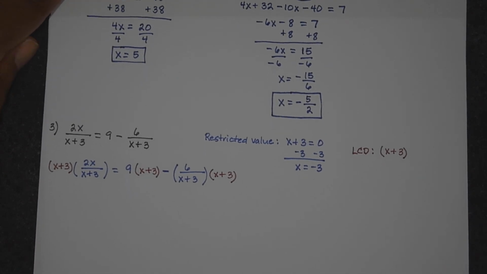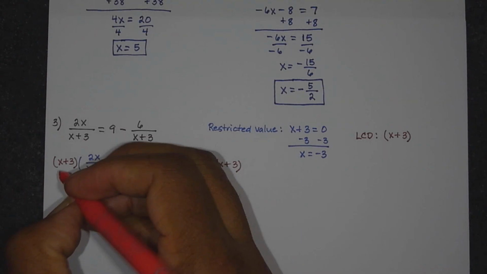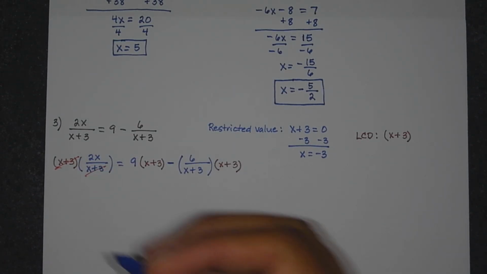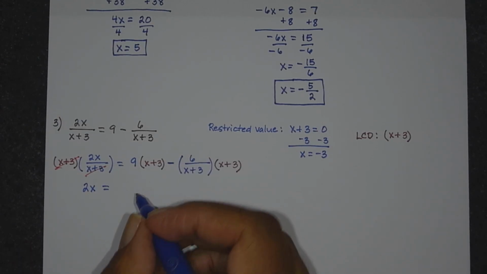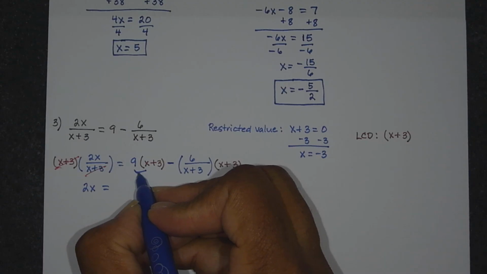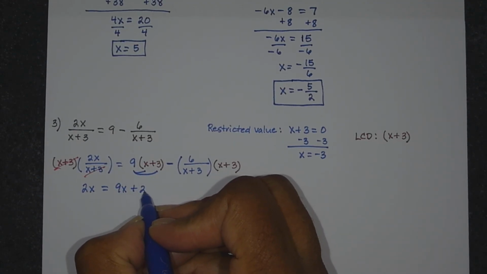And from here, we just simplify this equation. On the left side, the x plus 3's divide out. All I'll be left with on the left side is just 2x. And then that's equal to, now if I distribute the 9 over the x plus 3, what would I get? 9x plus 27.